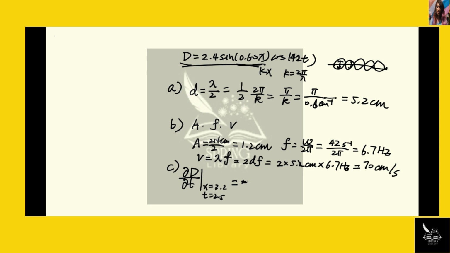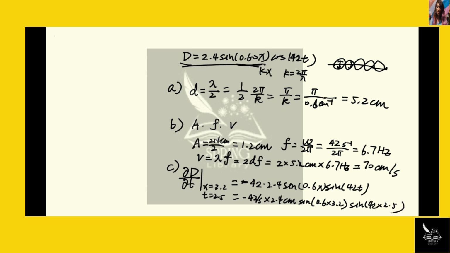So it is negative 42 times 2.4 sin(0.6x) sin(42t). When we plug in the numbers, we have negative 42 per second times 2.4 centimeters times sin(0.6 times 3.2) and sin(42 times 2.5). This gives us 92 centimeters per second.